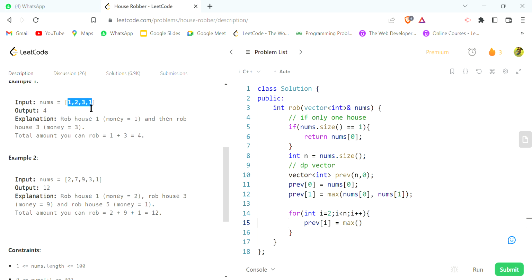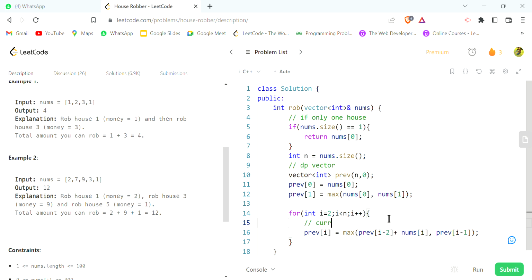If we include it, the profit is previous of i minus 1 plus nums of i. The second profit is if we don't include it, so previous of i minus 1. My bad, it should be i minus 2.